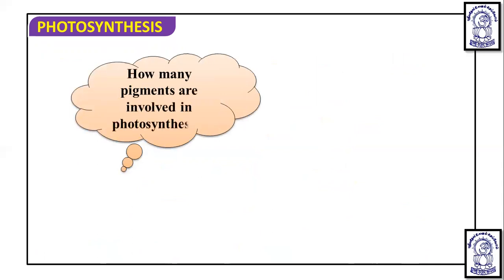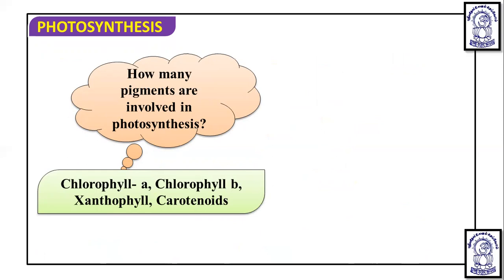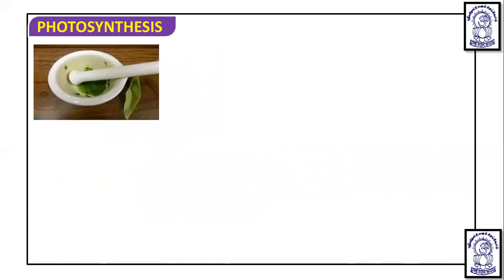How many pigments are involved in photosynthesis, and which pigments are involved? That is our next question. So chlorophyll A, chlorophyll B, xanthophyll, and carotenoids are the different pigments which are involved here in the photosystem.